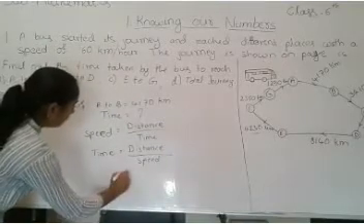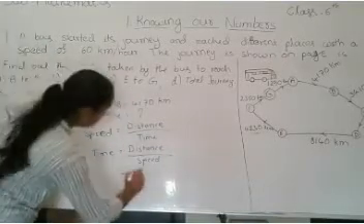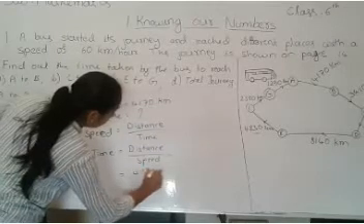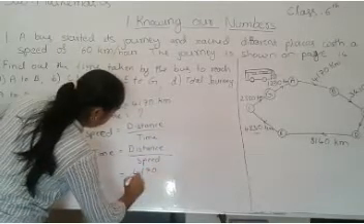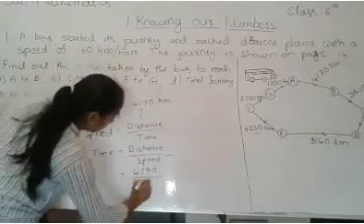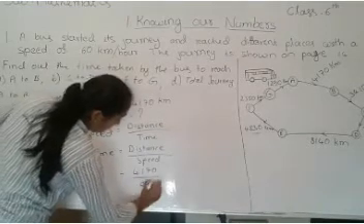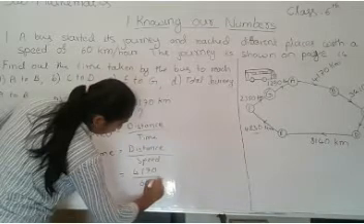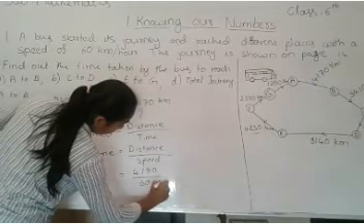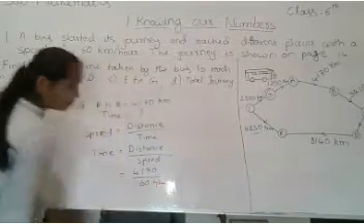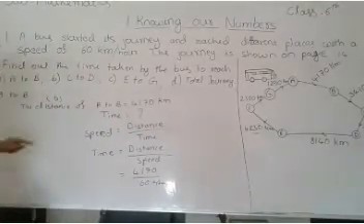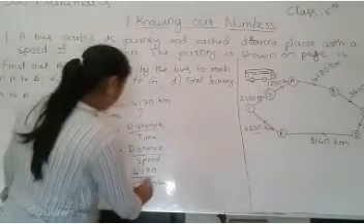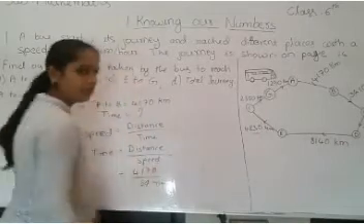Distance, how much distance? 4170. Speed is 60 kilometer per hour. Next, 0 0 cancel.